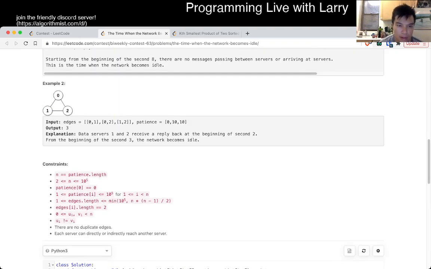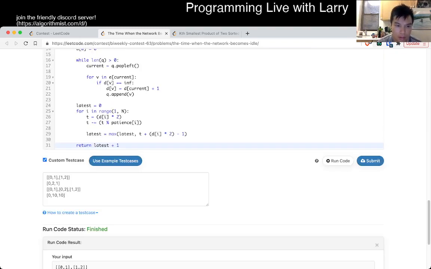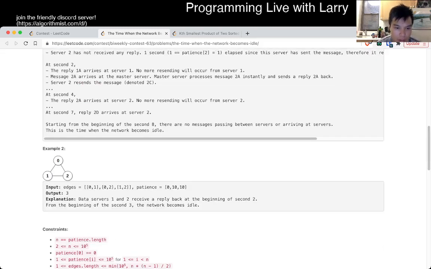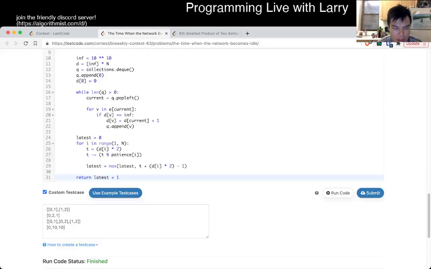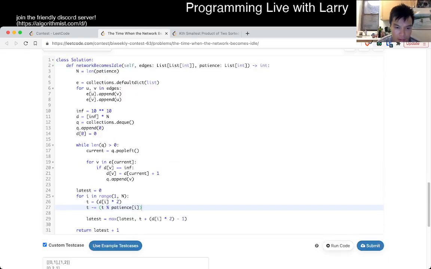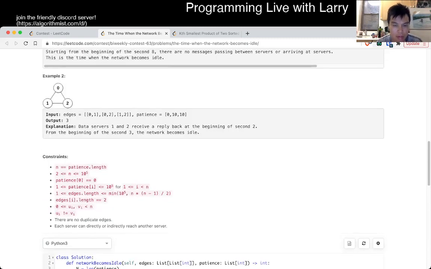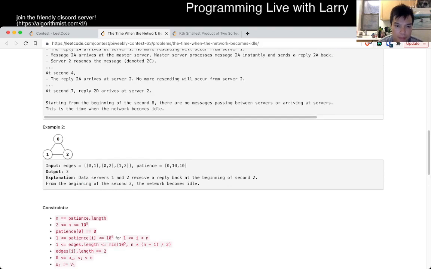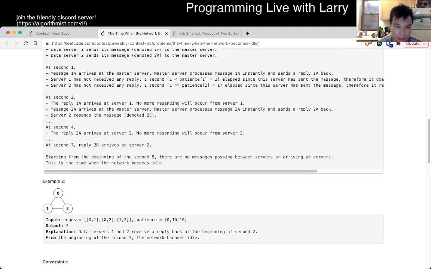Why is this 2? Because it takes, doorbell. Okay, so it takes 2 seconds. Patience is 10. Oh, so then, wait, what? So the last message that it sent is at 0, right? So 0 plus 2, so this is 1. Oh, maybe my thing is wrong.